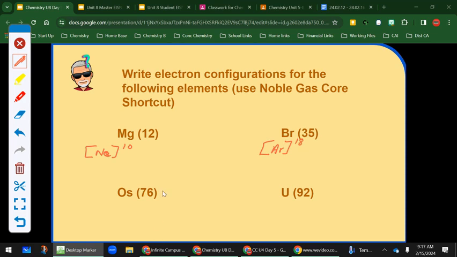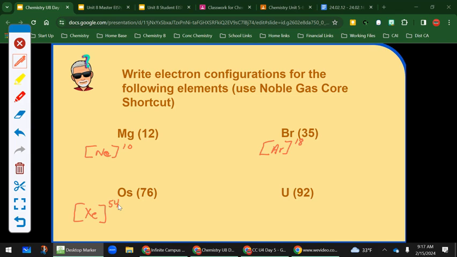Okay? For osmium, number 76, what period is it in? So then what noble gas core would we use? Xenon, Xe 54. So from there, ladies and gentlemen, you still need to describe everything in the row to get to that element.